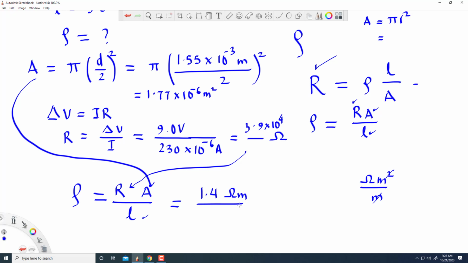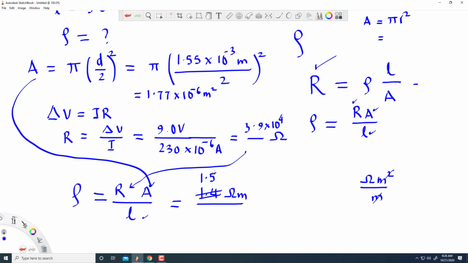Okay, so maybe it's 1.5. You also got 1.5? Maybe I didn't do the math correctly, so I'll change it to 1.5. Okay, you can do that. So that's also ohm meter? Yeah, ohm meter.